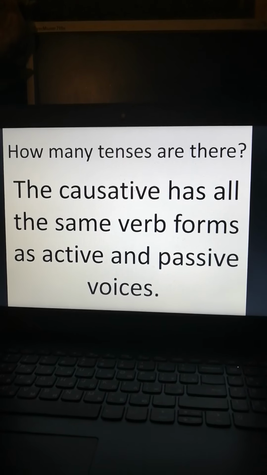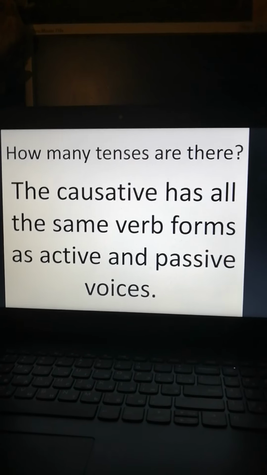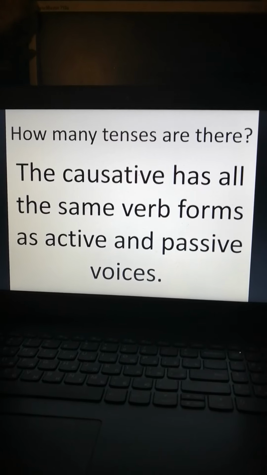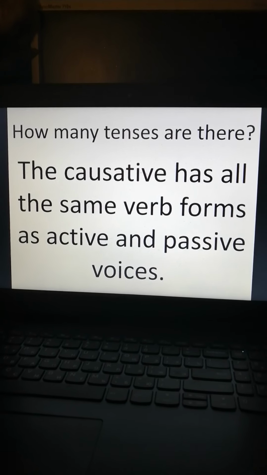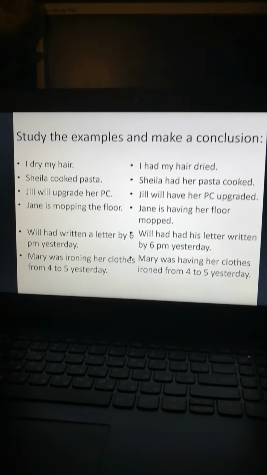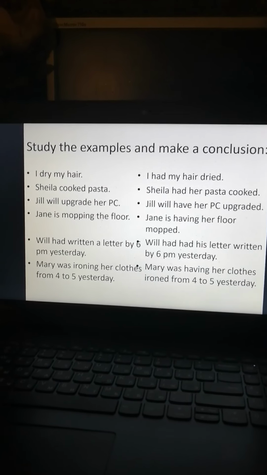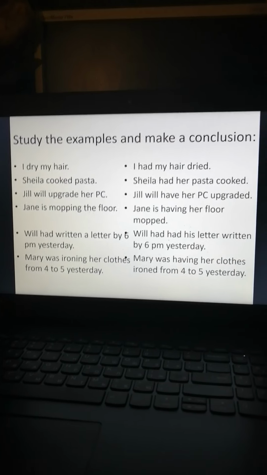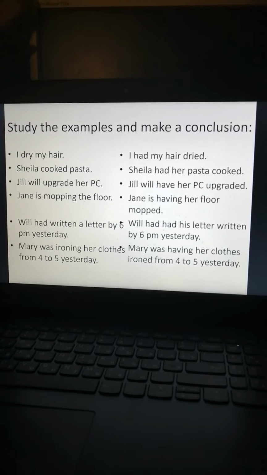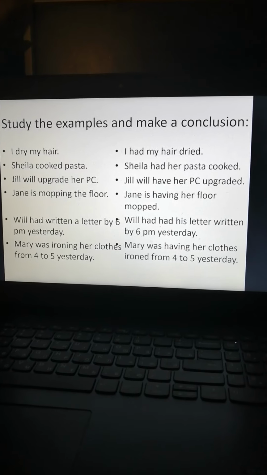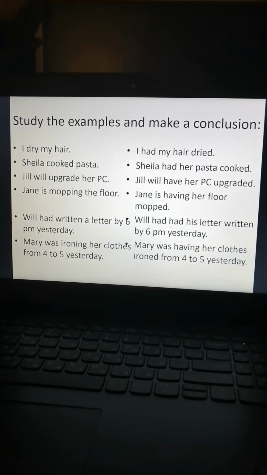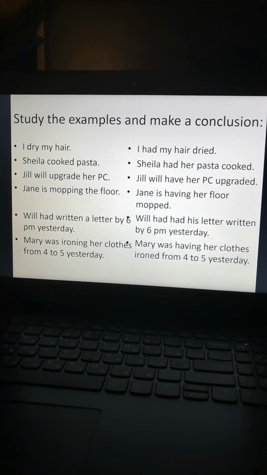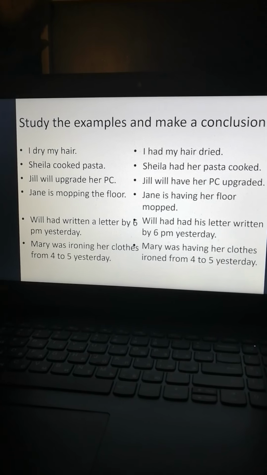It has gerund, infinitive, participle 1, participle 2, etc. All the same verb forms. Now, look at these examples and try to work out the rule. How do we form the causative? You may press the pause button now and look at this for as long as you want.